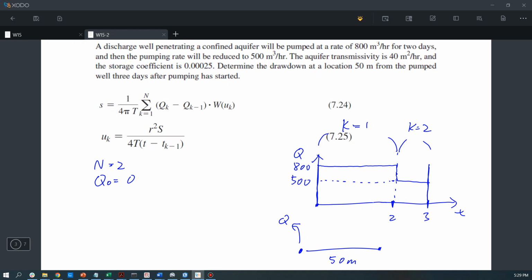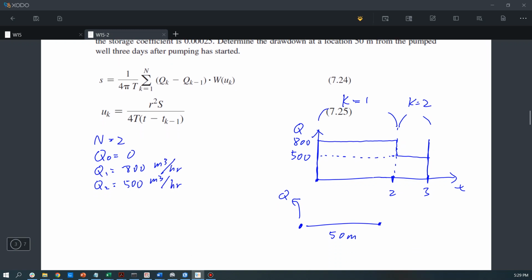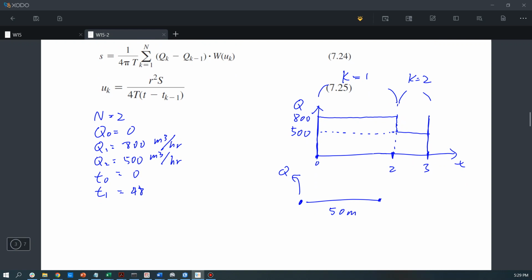And Q1, as we said, is 800. Q2 is 500. T0 is 0, and T1 is day 2, so it's 48 hours. Now we have the information and we just need to apply it to the equation.